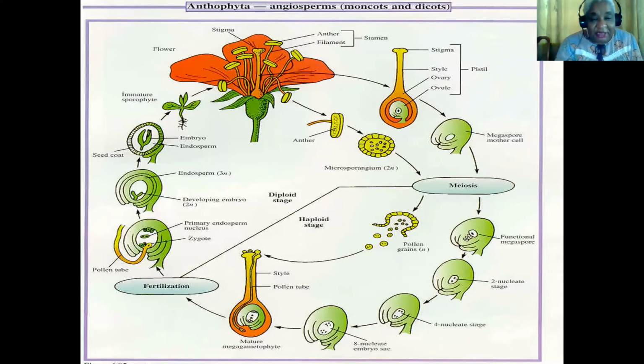Thankfully for us, we do not have to go into this great detail as to what happens at each stage with megaspores, but we do need to know this part of it here, where you have the fusion of your nuclei and the formation of your zygote.